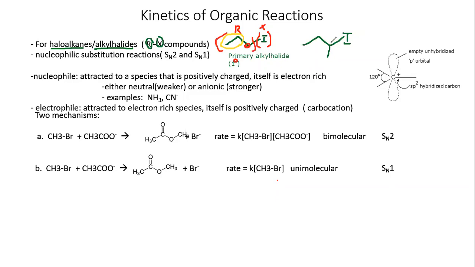Let me draw this in a red circle. So this carbon here has two carbon groups attached to it. And since it has two carbon groups attached to it, it's called a secondary alkyl halide. And we usually say it's a 2 degree alkyl halide.